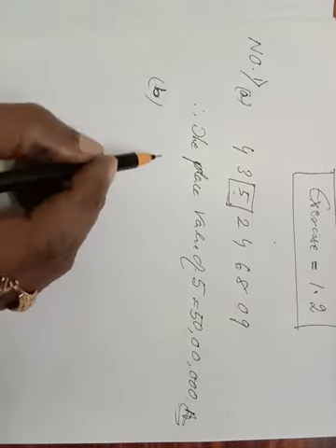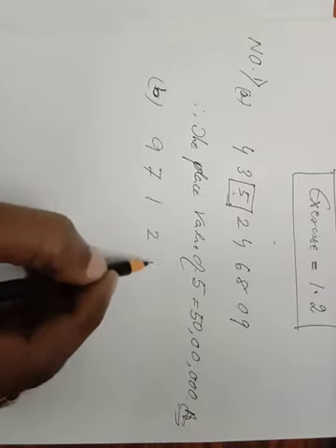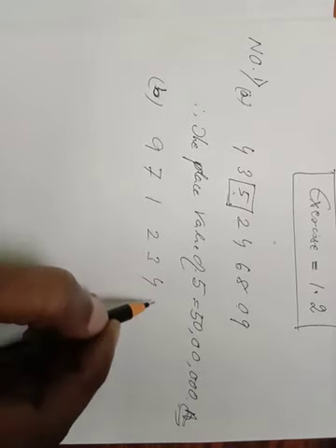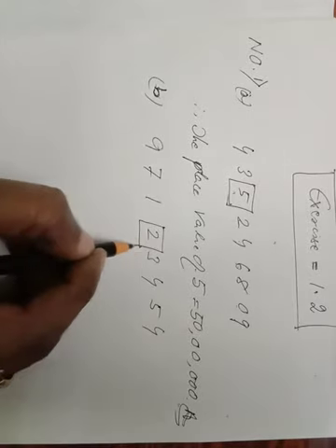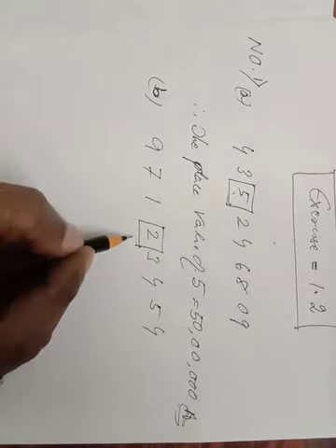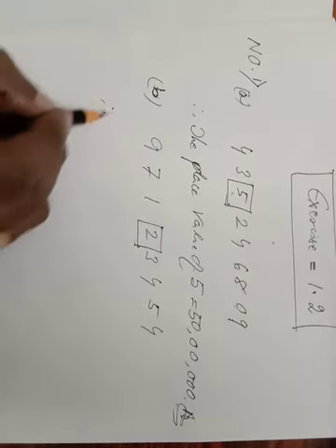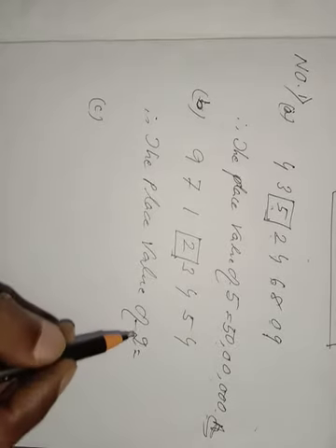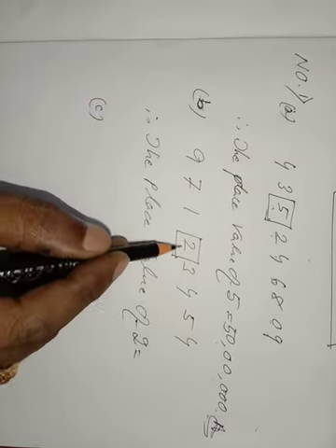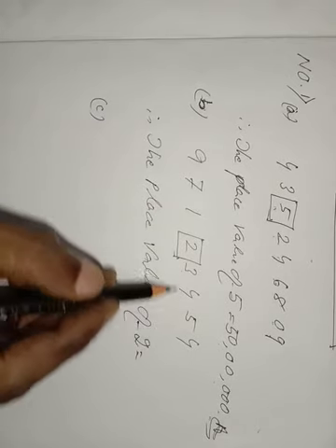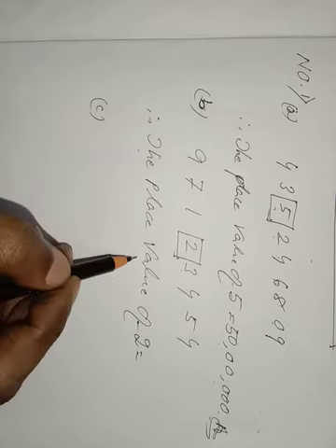See the second number given: 9, 7, 1, 2, 3, 4, 5, 4. The colored digit is 2. So what is the place value of 2 that we have to write? Question number 1B. We have to write the place value of 2.